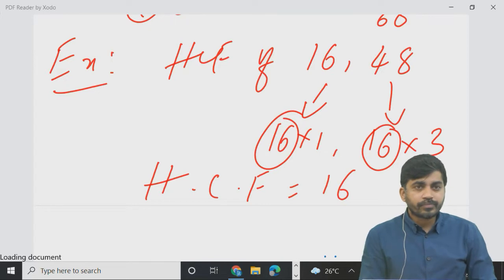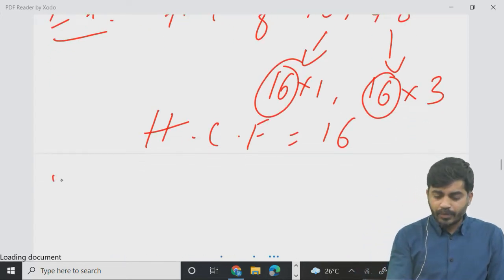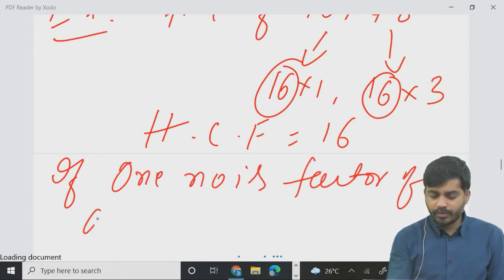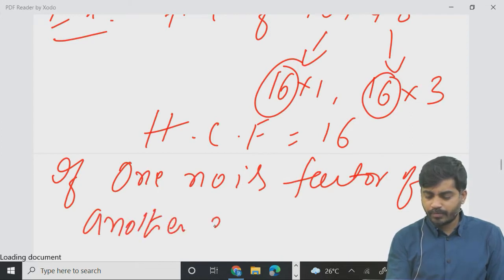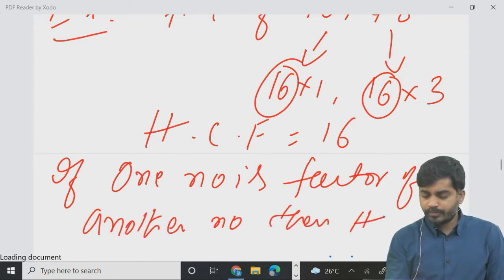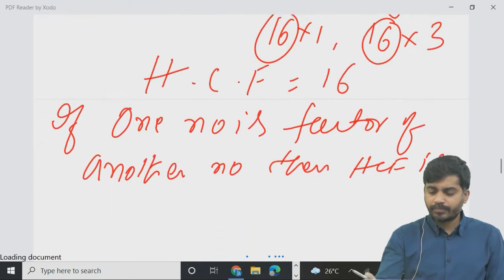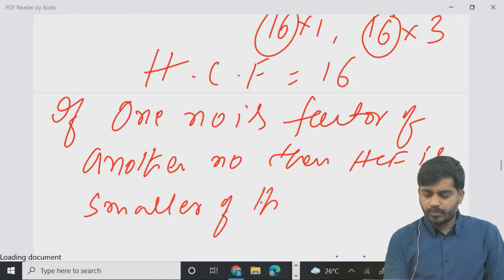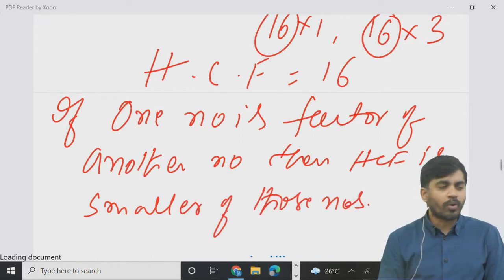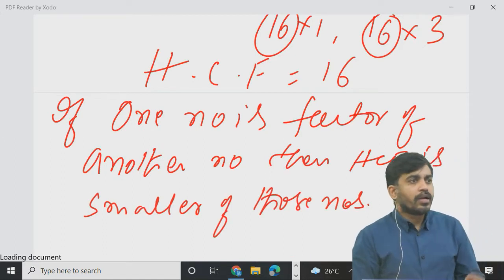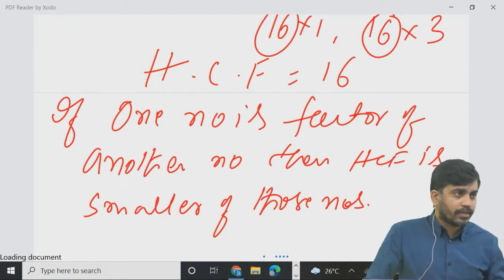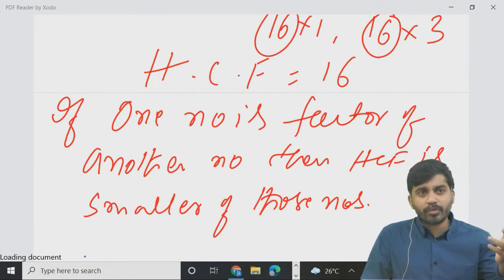Okay. So here, if one number is a factor of another number, then the HCF is the smaller of those numbers. So out of 16 and 48, the smaller number is 16. 16 is actually a factor of 48, or 48 is a multiple of 16.